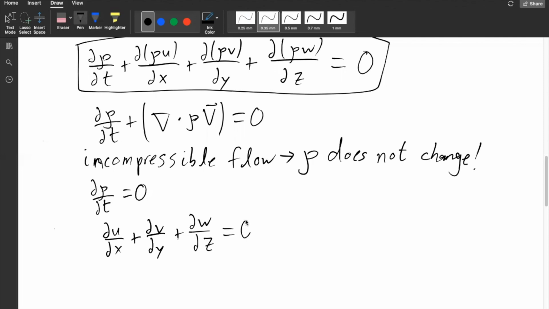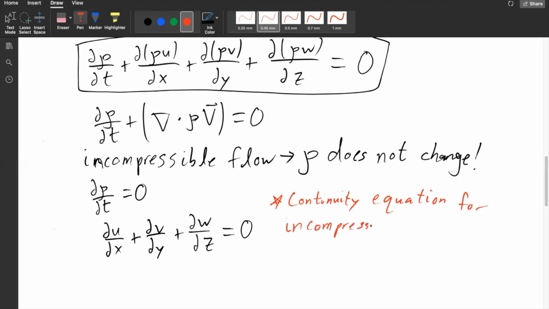equals 0. We'll star this and say that this is the continuity equation for incompressible flows or incompressible flow.